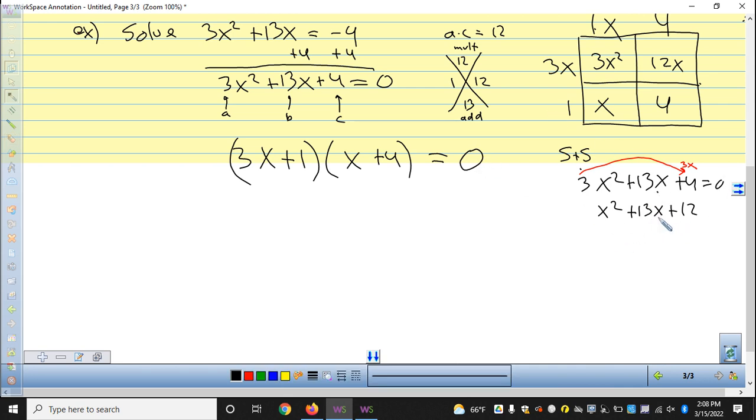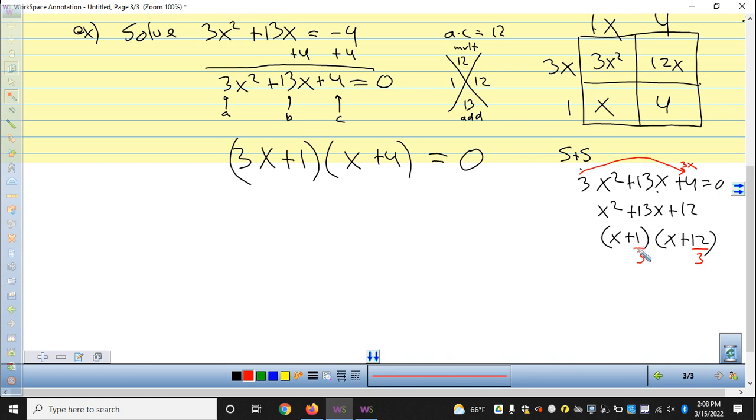We would need our cross. We need to pick out our factors here, just like we did here. So we know that is x plus 1 and x plus 12 from here. But we multiplied by 3, so we need to divide by 3.